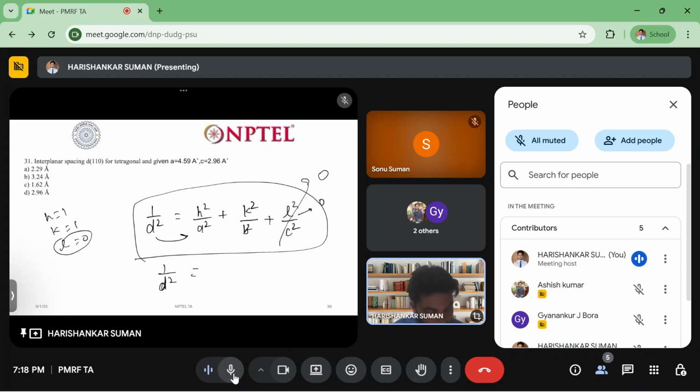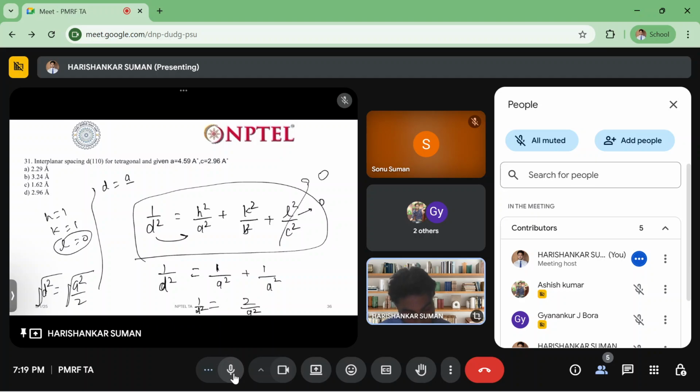Then 1 upon d squared, this is 1 over a squared, and k also the same, so this is also the same. So this is 2 by a squared, so d squared is a squared by 2, and taking roots, d equals a by root 2.